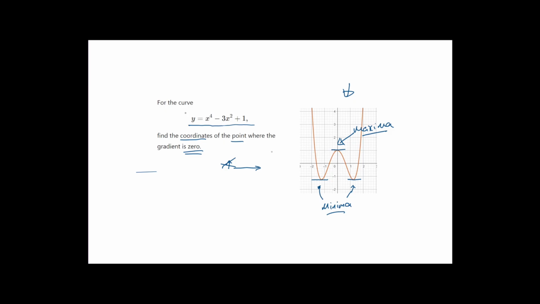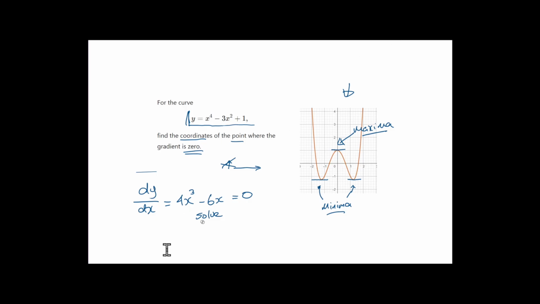So if we know that y is this thing here, we know that dy/dx is going to be whatever this is differentiated. So we bring the 4 out the front, times minus 3 is minus 6x, and 1 disappears. What do we do then? Well, we set that equal to 0 and solve.